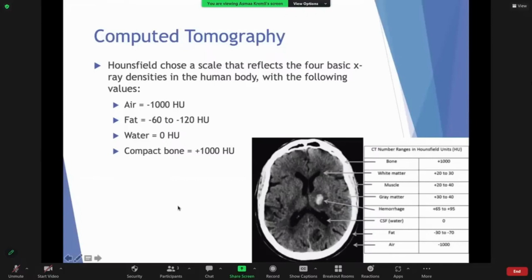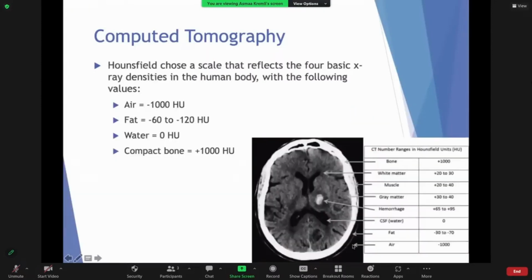So what do we mean by this? Here in this CT of the brain, if we measure the Hounsfield unit at this area, I'm not sure, the cursor is not visualized. Okay. So in this area, which is the air, if we calculate the Hounsfield unit, it will be minus 1000 Hounsfield units.